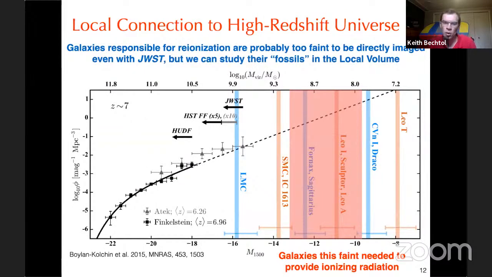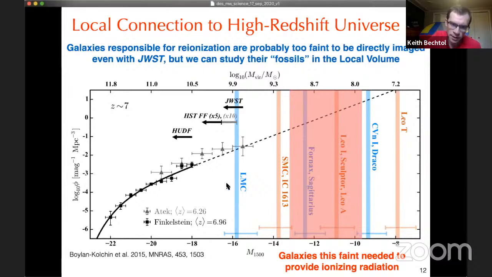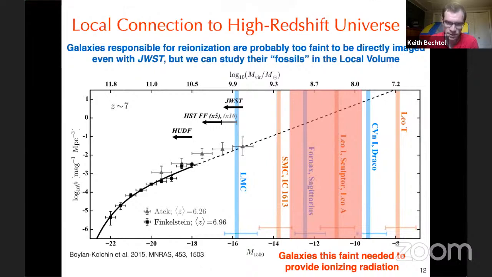Just to make this a bit more quantitative, this is a plot of the luminosity function of galaxies. This is work from Boyle and Colchin et al., 2015. And what's being shown here is the luminosity of these galaxies, and then the relative number density of these low mass galaxies at this time.